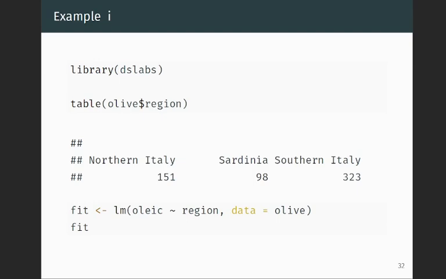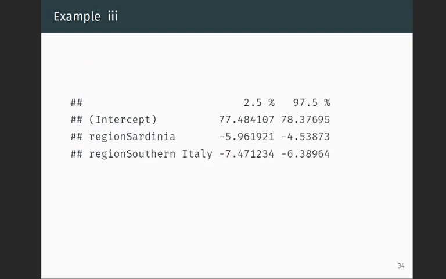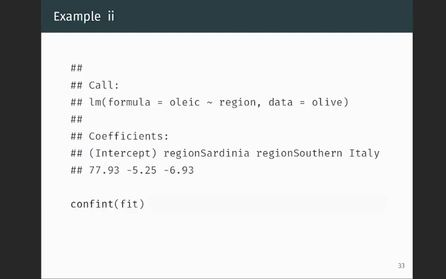And you can look here at the bottom of the page, we get lm of oleic, our outcome, tilde region, which is our categorical variable with 3 levels, and then data equals olive. Olive is the name of the data set. If we look at the output of this, we get the following estimates. And you can see we get one estimate for the intercept. And then we get an estimate for region Sardinia.